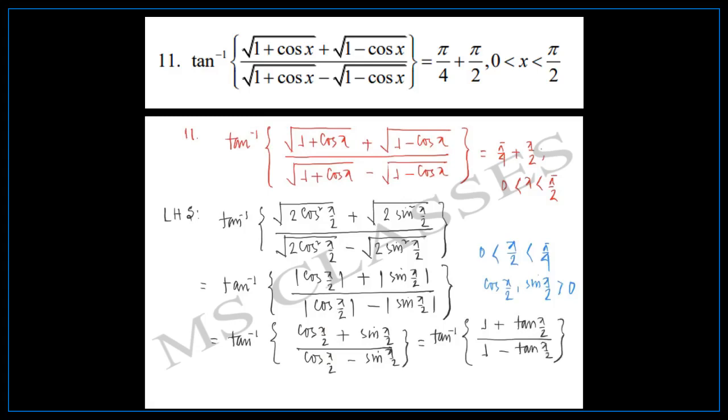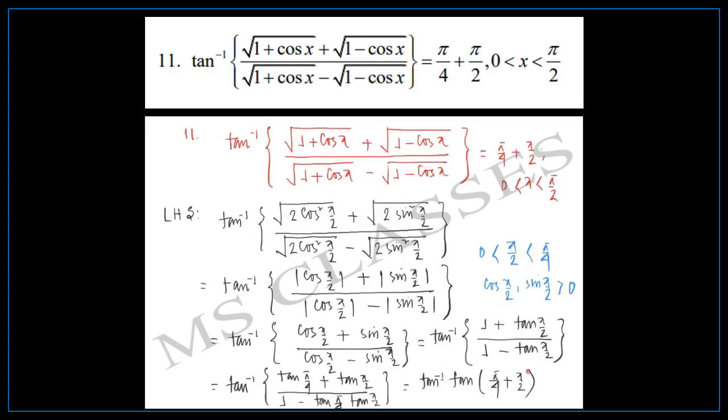Now this can be written as tan inverse of tan pi by 4 plus tan x by 2, whole divided by 1 minus tan pi by 4 tan x by 2. So it is tan inverse of tan of pi by 4 plus x by 2.